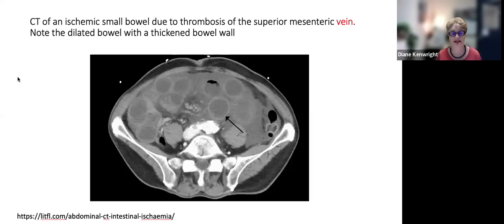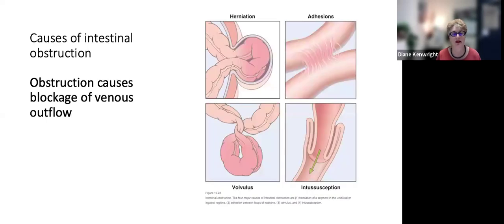Here is a CT of thrombosis of the superior mesenteric vein, which is giving rise to this dilated bowel. It's got very thick walls because of all the edema and congestion that's going on. Here are other common causes of venous outflow obstruction: herniation, volvulus, adhesions, and intussusception.